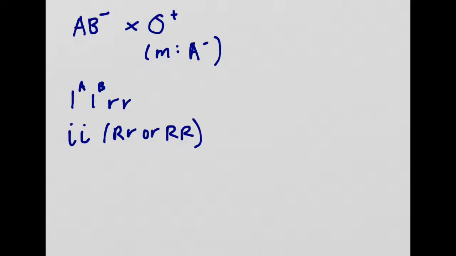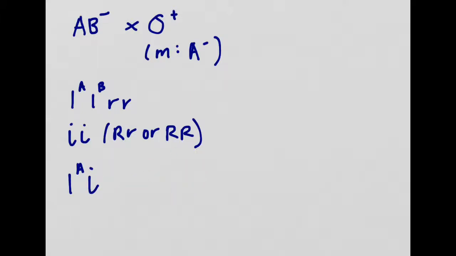But let's look at his mother, and we know that she was A negative, so her genotype for blood type will have to be capital IA and either another IA, or she could be capital IA little i. And because her offspring has a little i, we know that this is the one that she is.